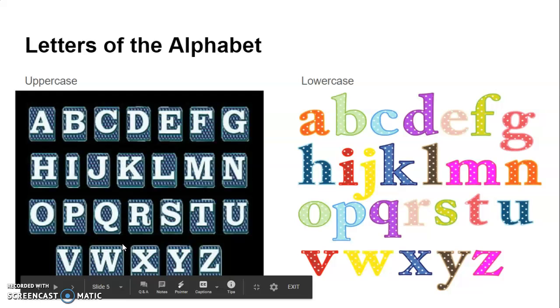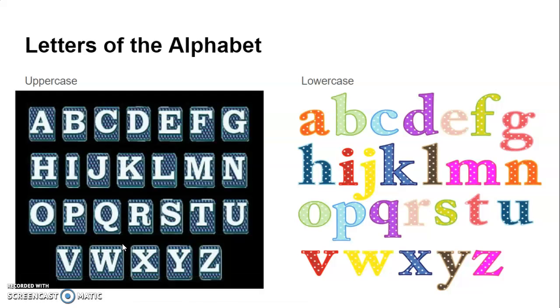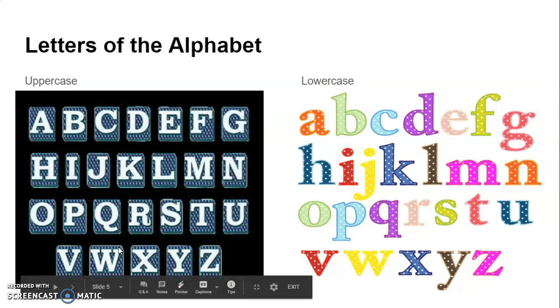Next, we have our alphabet. Hopefully, you know your alphabet by now and the sounds. If not, make sure that you're practicing so that you can move on to your reading. Let's say the letters of the alphabet backwards. Ready?